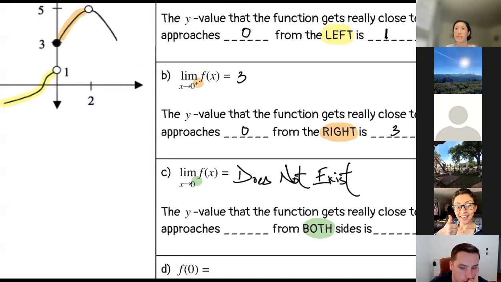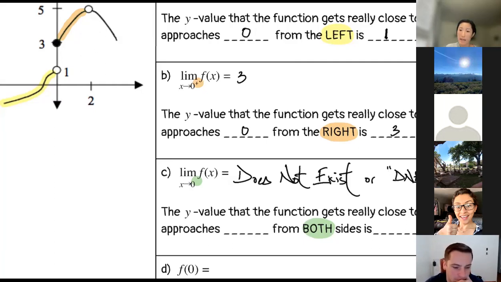Classic line, does not exist, also shorthanded as DNE, not to be confused with a DNR, but a DNE, all right? So it does not exist.